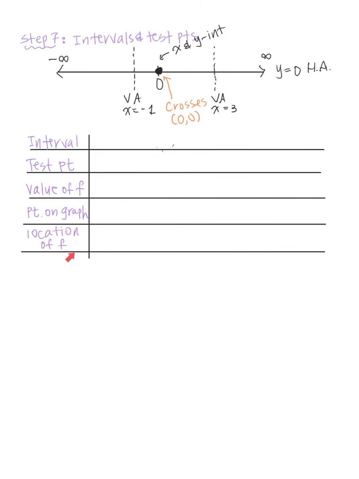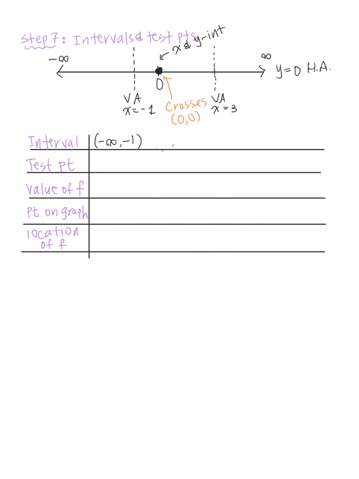So first, what I need to do is chop this up into, in this case, what do we get? 1, 2, maybe 3, 4. Maybe we can chop this up into 4 intervals, which is from -infinity to the first vertical asymptote, which is -1. So let me just write that out. -infinity to -1.